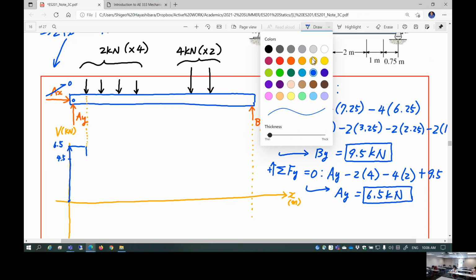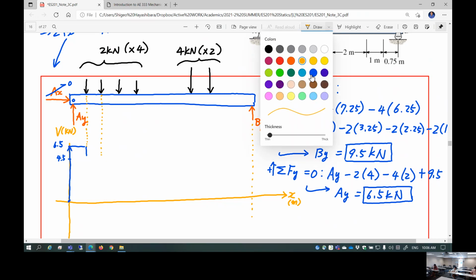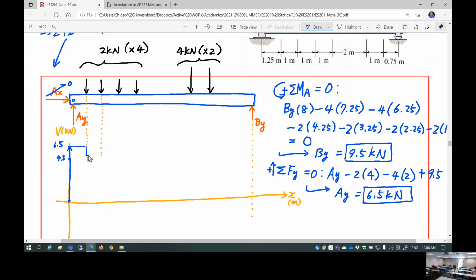And up until right here, shear is constant. Right here, you have another 2 kilonewton jump. Then you jump down to 2.5. I think I made a mistake. Sorry. Let me just redraw it. I don't like this. Sorry. Need to be careful.